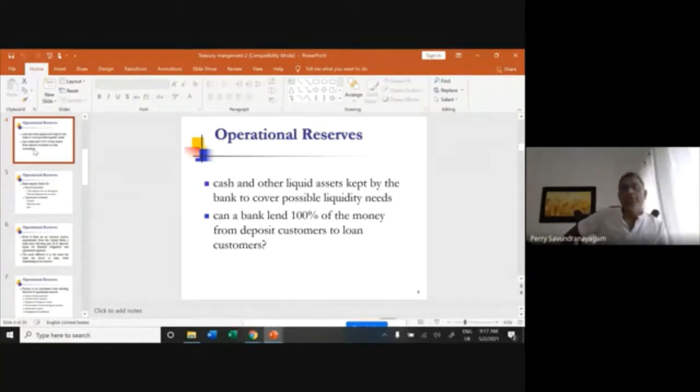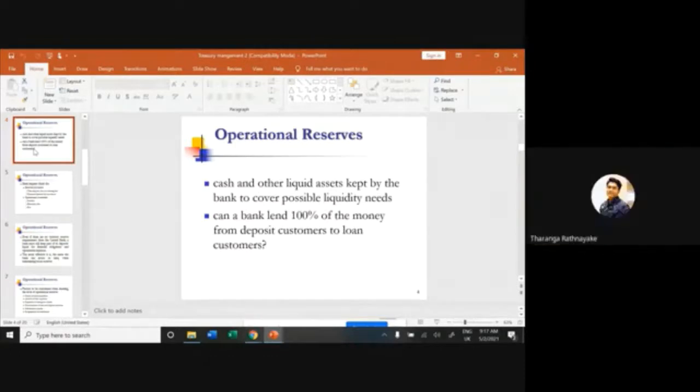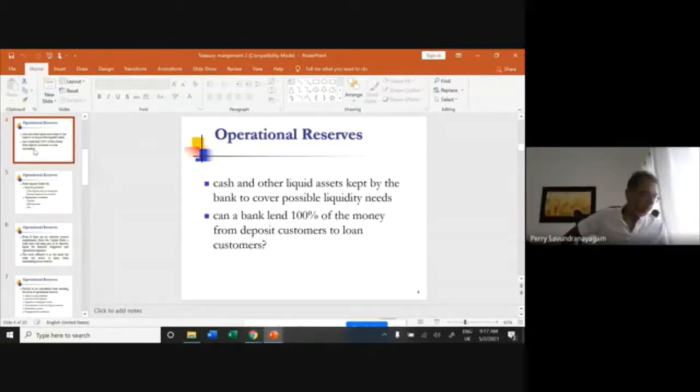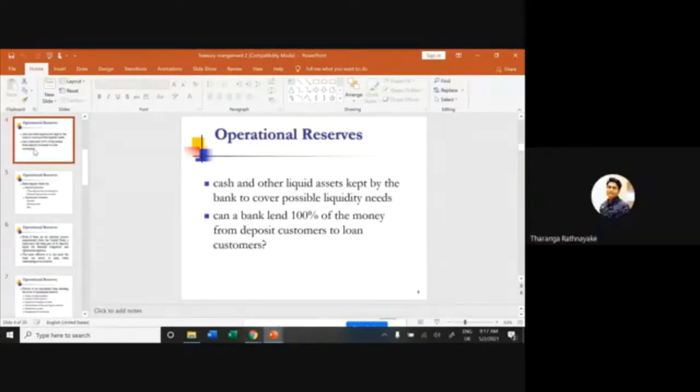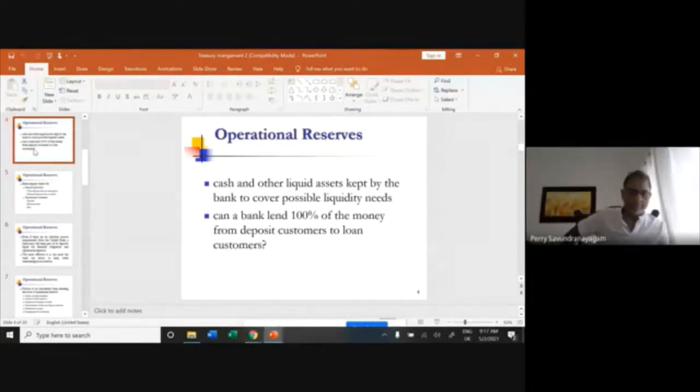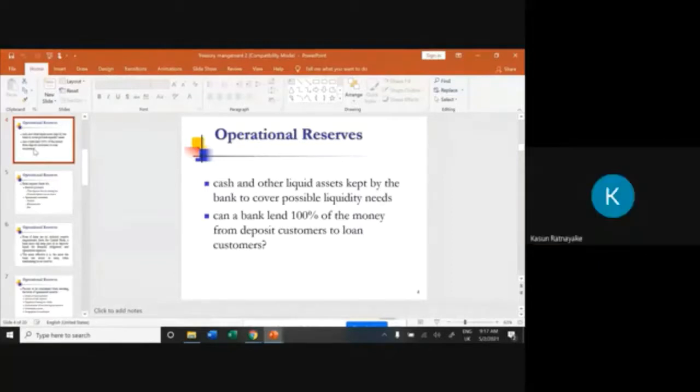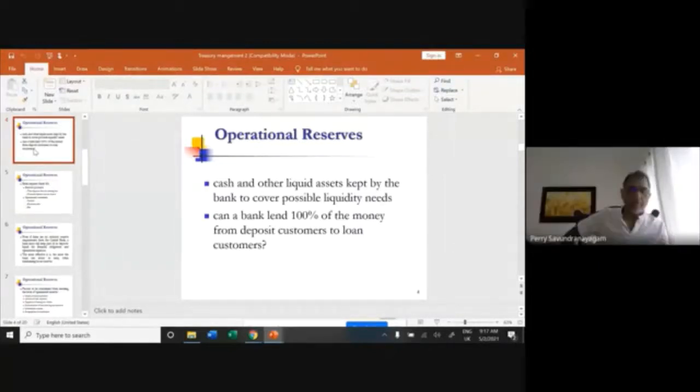What else do you do? And future maturities of deposits and other maturities on other financial products. You're talking about opportunities, right? Okay. What else do you look at? Lending projections. Okay, fine. That's also good.